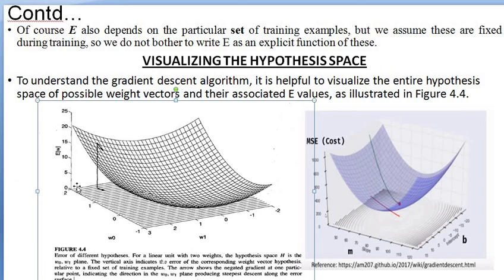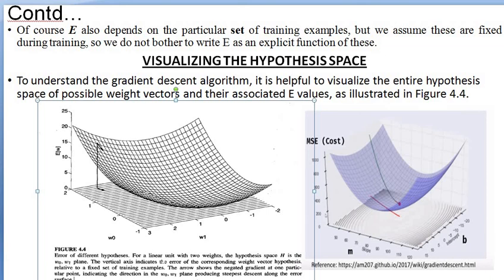You can see the values of W0 and W1 at this moment. Actually this is 3-dimensional, so it is not a straight line; it is a slant, diagonal line.